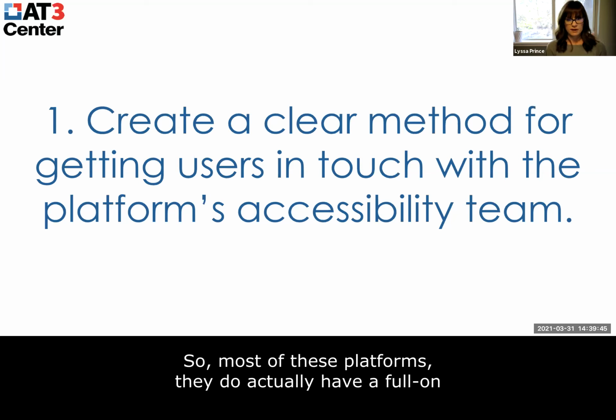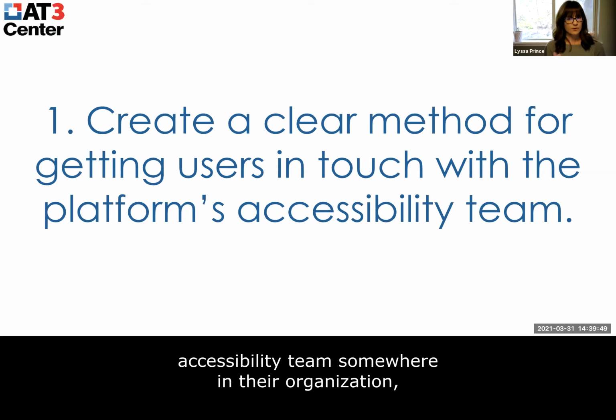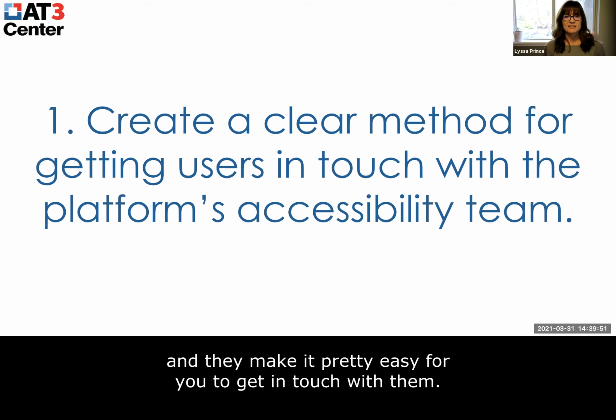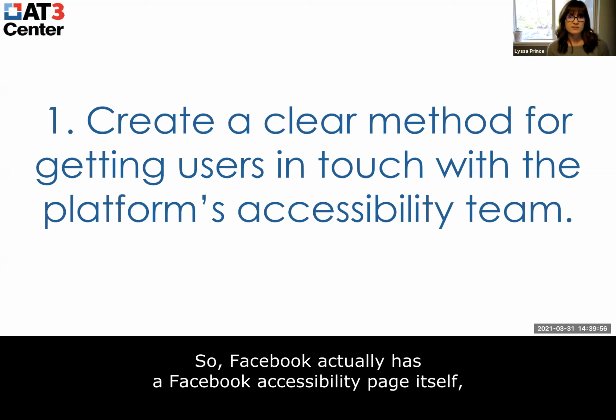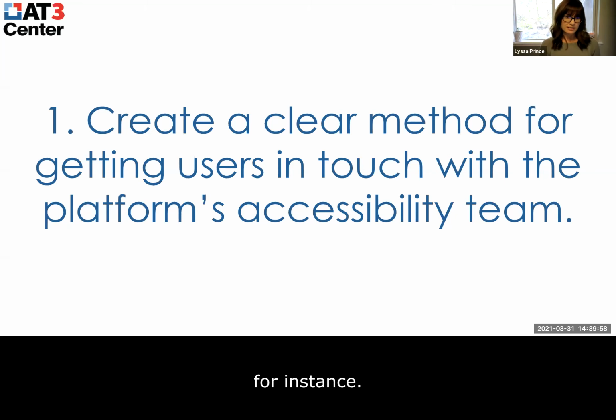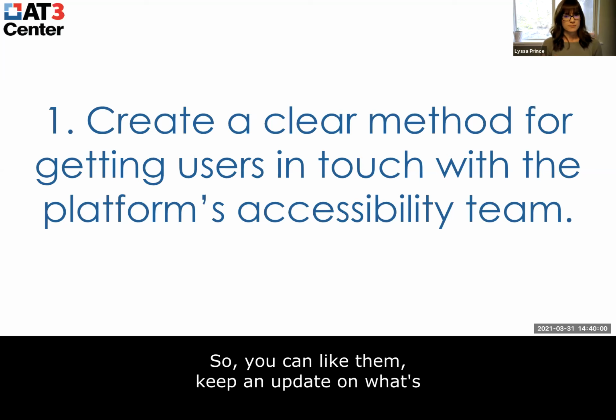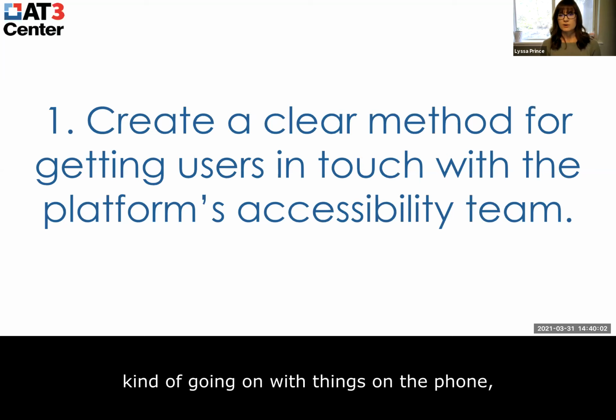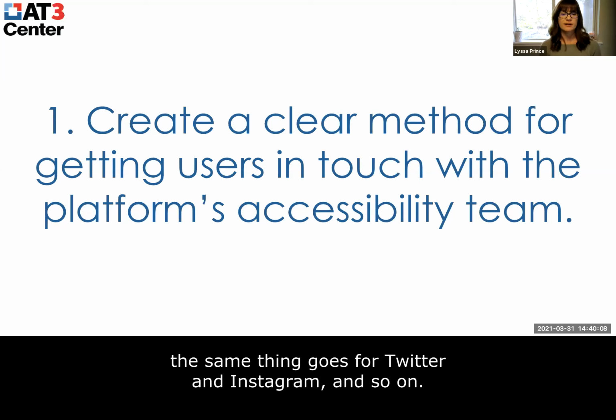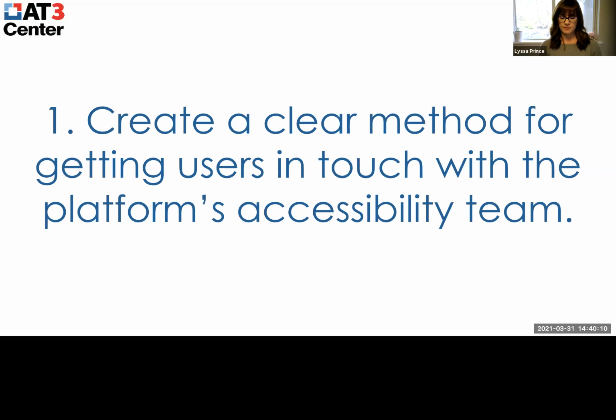Most of these platforms actually have a full-on accessibility team somewhere in their organization, and they make it pretty easy for you to get in touch with them. Facebook actually has a Facebook accessibility page itself, for instance. So you can like them, and keep updated on what's going on with things on the Facebook accessibility front. Same thing goes for Twitter and Instagram and so on.